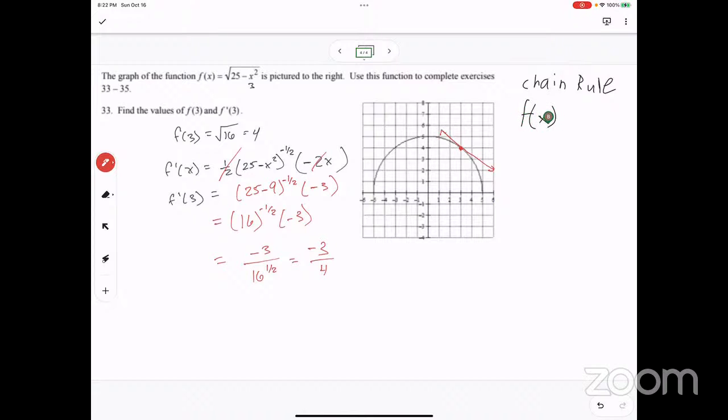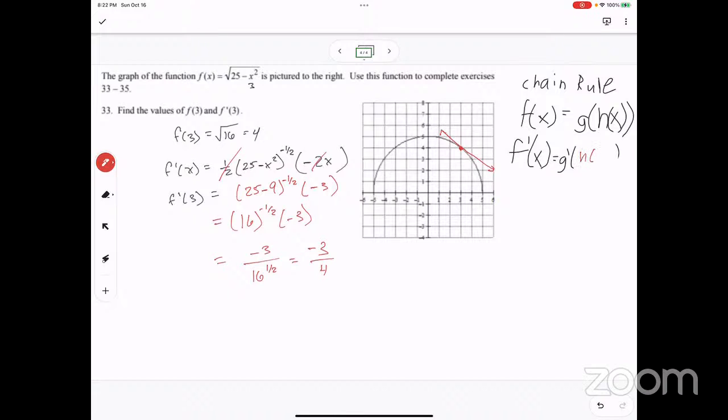If you have g of x with h of x inside of g of x, the derivative is going to be the derivative of g with h of x unchanged.